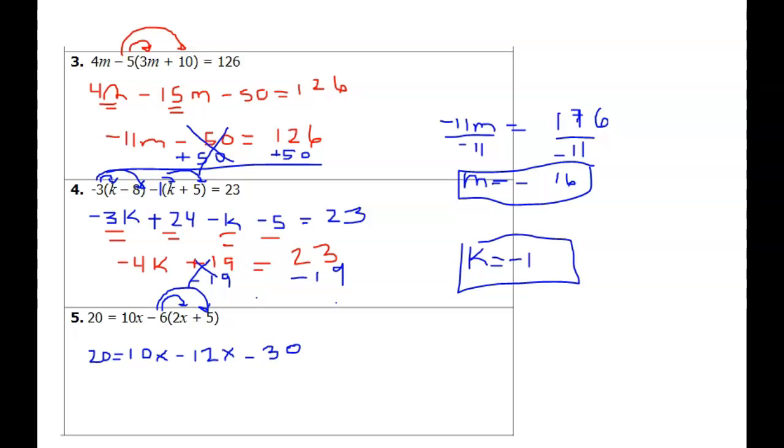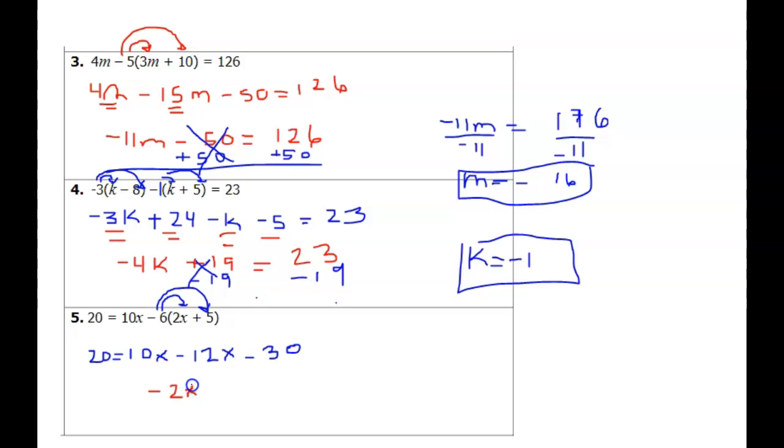You're right, Danalisa and Alejandro. What am I subtracting? Alejandro, what am I subtracting? Yes, you are absolutely right. I got to combine like terms, so I need to subtract the 10x minus the 12x. 10x minus 12x, that's going to give me negative 2x.